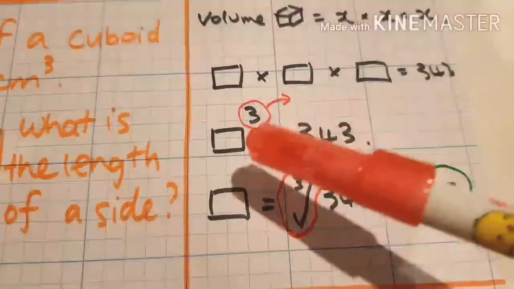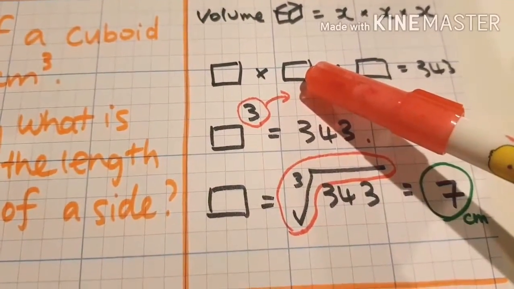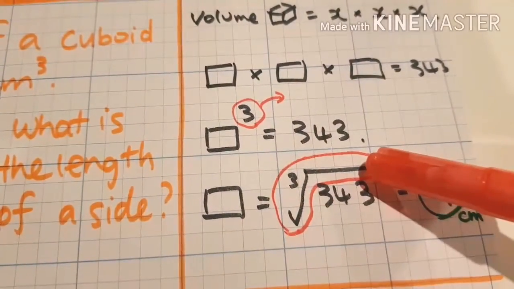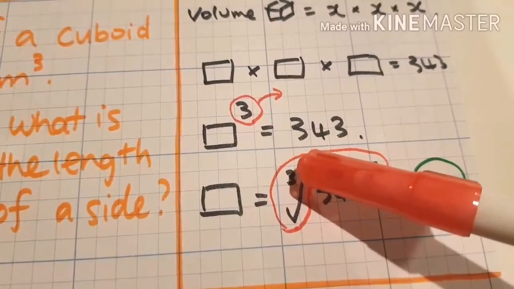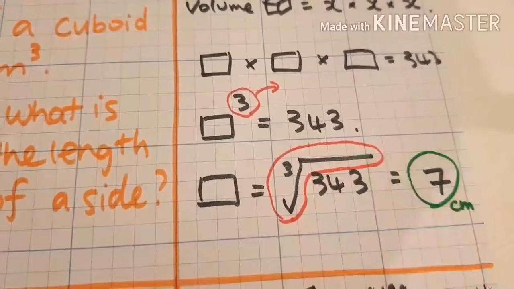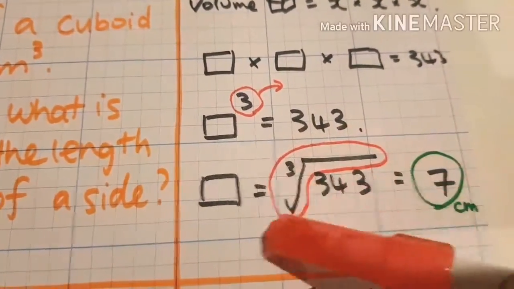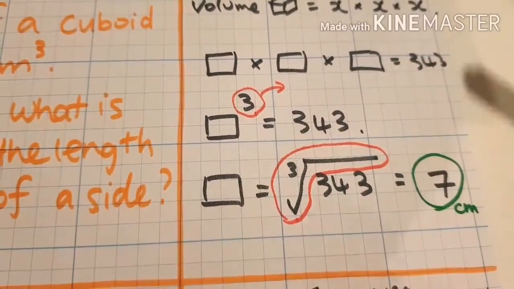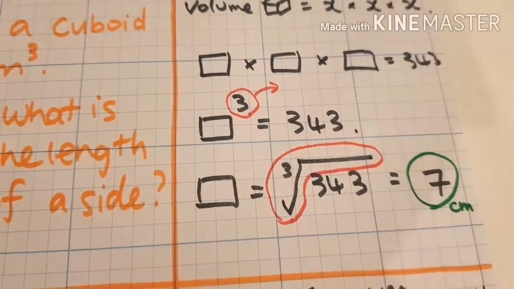Okay, and here, how do you get rid of this? By using the root this time, but it's a cube root. You need to write a little 3 in there. So on the calculator, you'll see this button where you found the square root function at the top.